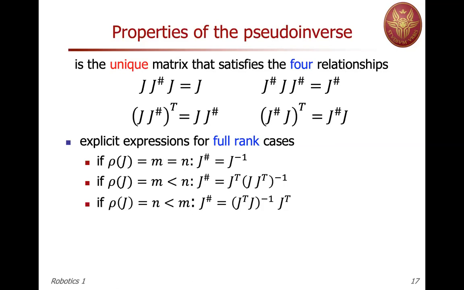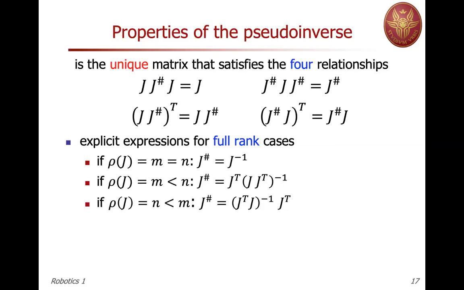In this case, the pseudo-inverse takes this form, J transpose times (J J transpose) to the minus 1. Because of the full rank of J, J J transpose is an M by M non-singular matrix that you can invert. And if you plug in this expression into the four defining equations of the pseudo-inverse, they are satisfied as identities. So this is the pseudo-inverse.